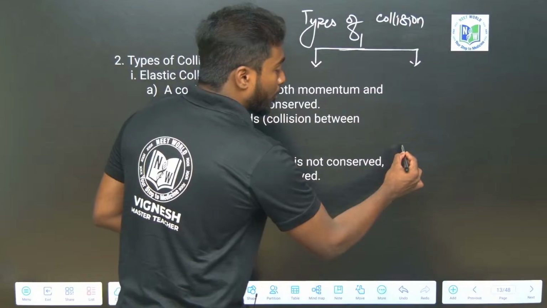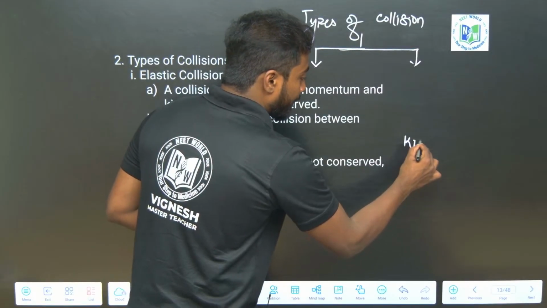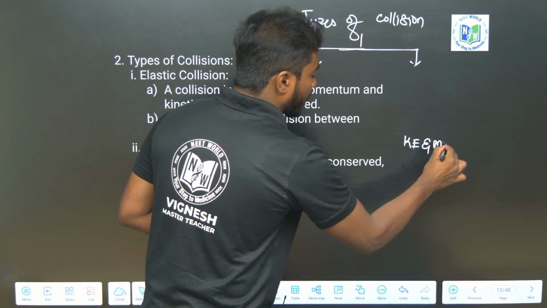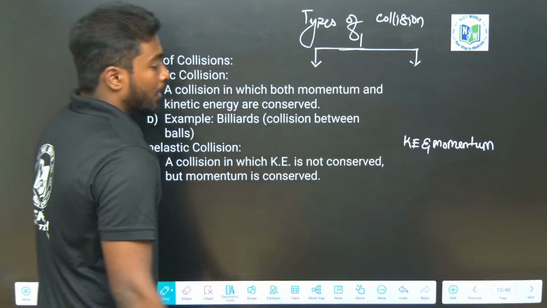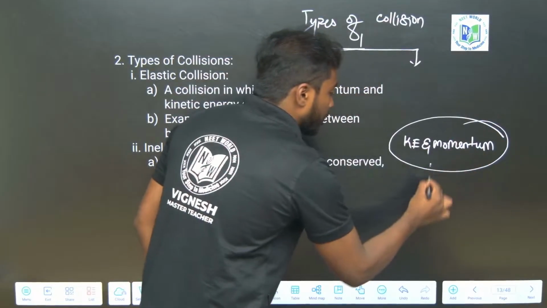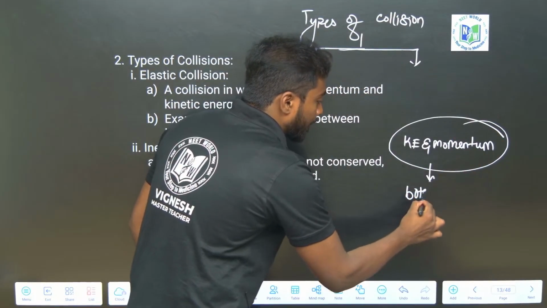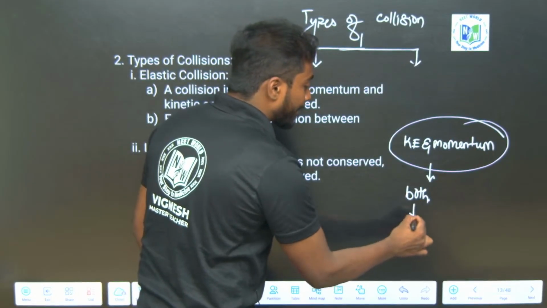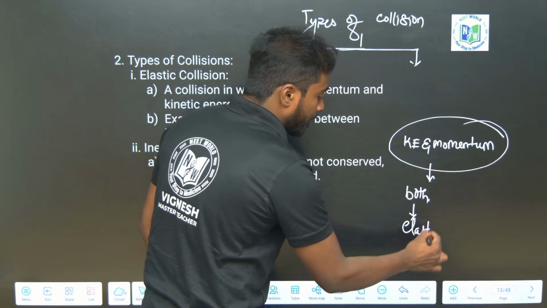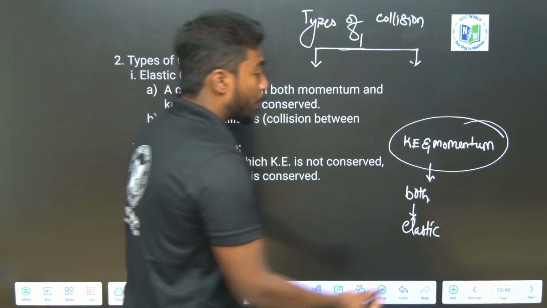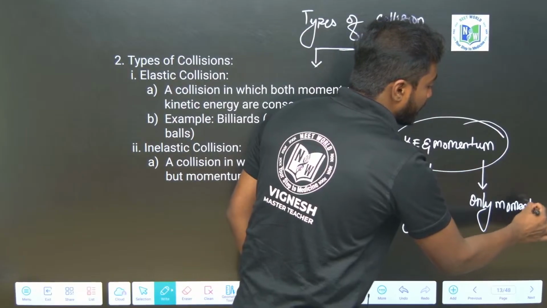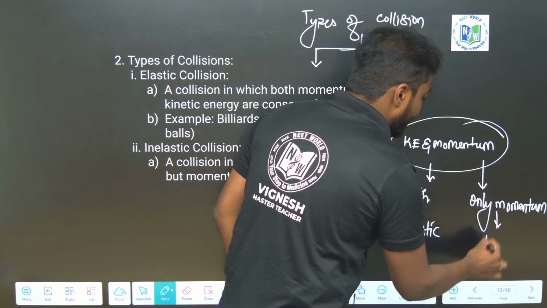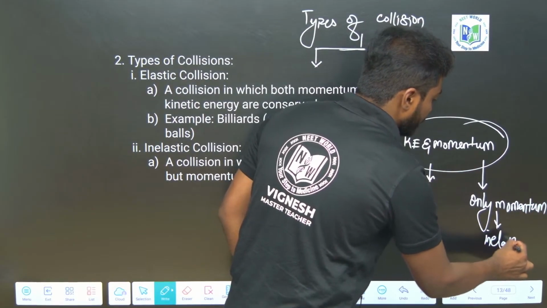Whenever we talk about a collision, kinetic energy and momentum come into play. When both are conserved, I'll say it's an elastic collision. When only momentum is conserved, I'll say it's inelastic.